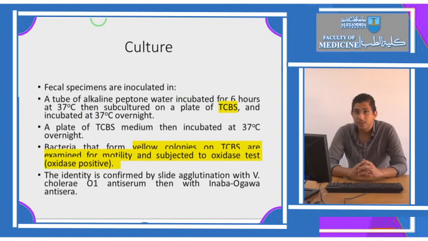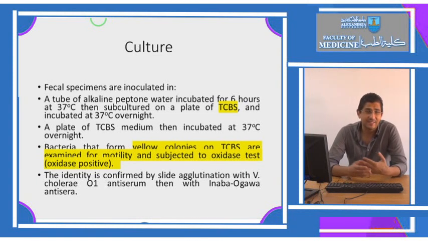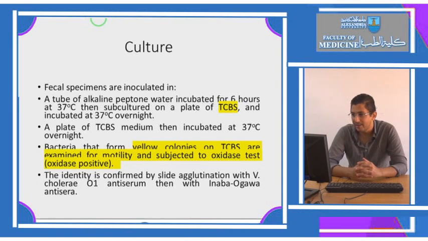Also, as we said, from the criteria of Vibrio cholerae, it can be cultured on an alkaline medium, which is TCBS, incubated at 37 degrees overnight, making yellowish colonies.